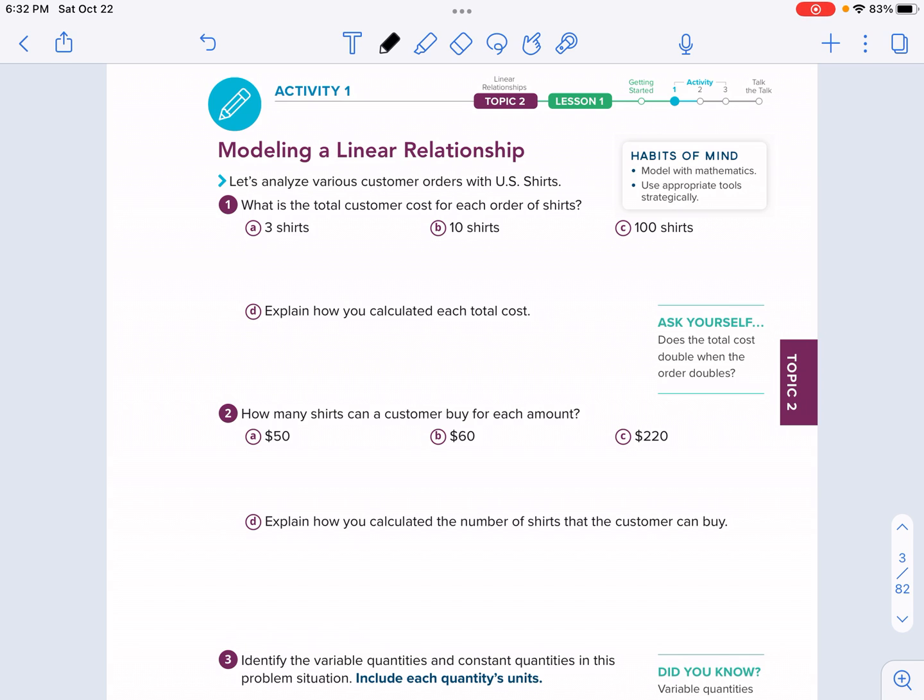Activity 1, so modeling a linear relationship. It says, let's analyze various customer orders with US Shirts. So number 1, what is the total customer cost for each order of shirts? So we'll set it up and then we'll calculate it. For 3 shirts. We have the design, we paid the initial fee, we're paying $8 per shirt.